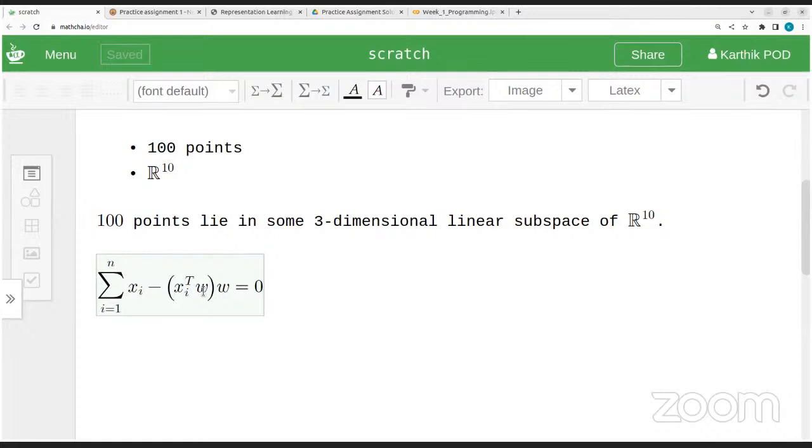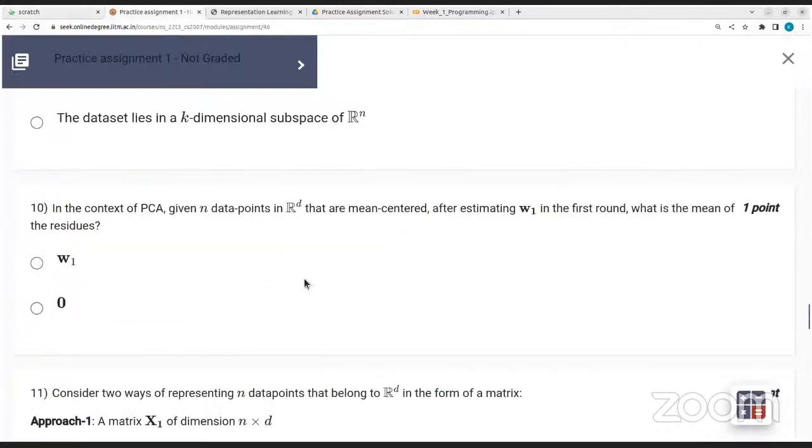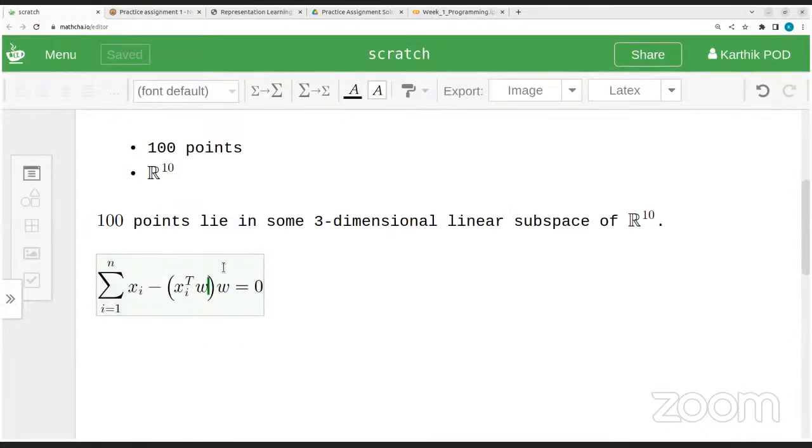Okay, so can I say that the summation is 0 in the beginning itself because the entire data is centered? No, this is the error, which is perpendicular to the W1. These are the errors, the residues, right? And they are perpendicular to the W1.